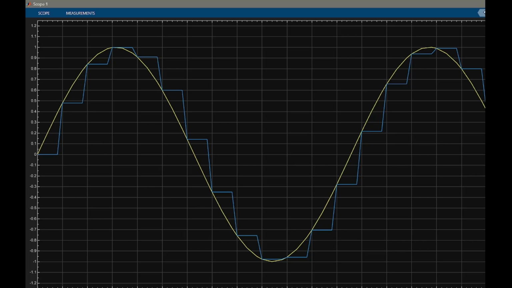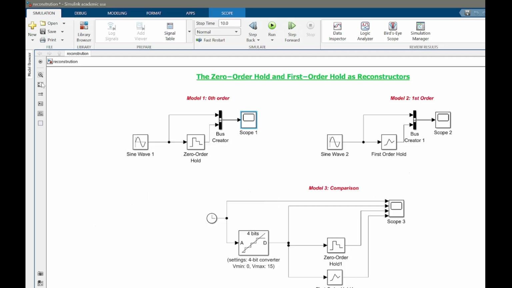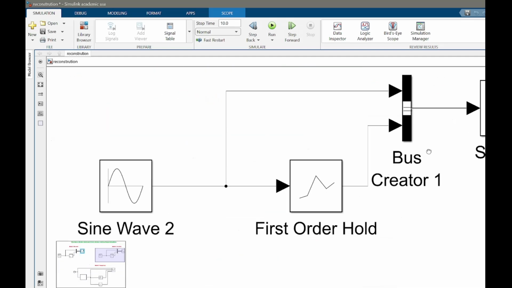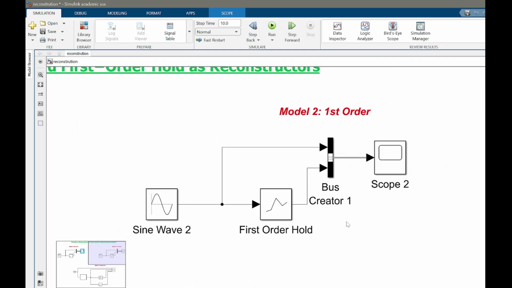Okay, now let's move on to the next model. Model number 2 is a first order hold. At first glance, it looks almost identical, right?